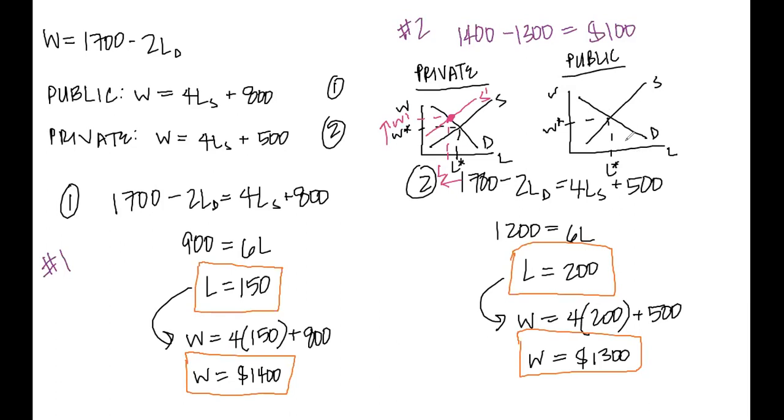So increasing the supply of teachers in the public school sector is going to increase their supply curve and shift it to the right. So from this increase in supply of teachers, the curve shifts, and we can see from this analysis that the equilibrium wage goes down, but labor goes up.